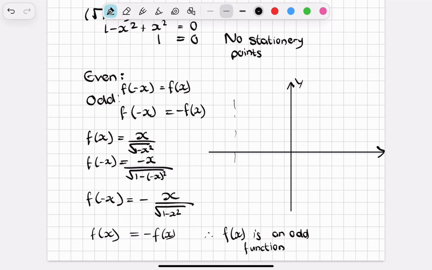So let's draw our vertical asymptotes. And we know that as x goes towards 1, y becomes really large. And since we just rotate this part of the graph into the minus y, we get this sketch.